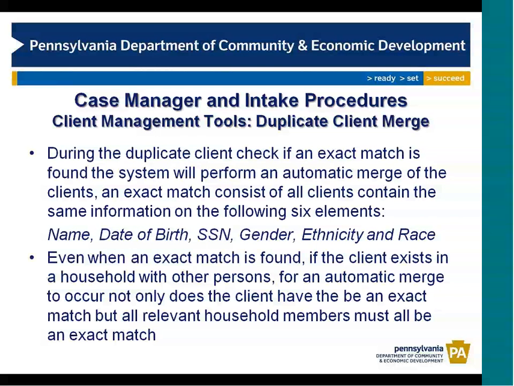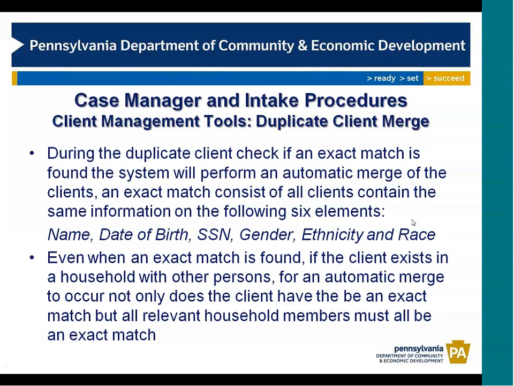So when the system notices there's a duplicate, it not only looks at the individual clients, but looks outward at each associated household member to try to find duplicate clients for them as well. Only if not only the clients match, but all of their household members match exactly with all 6 data elements, and the households have the exact same household count, meaning there's got to be 3 in this household, 3 in that household.